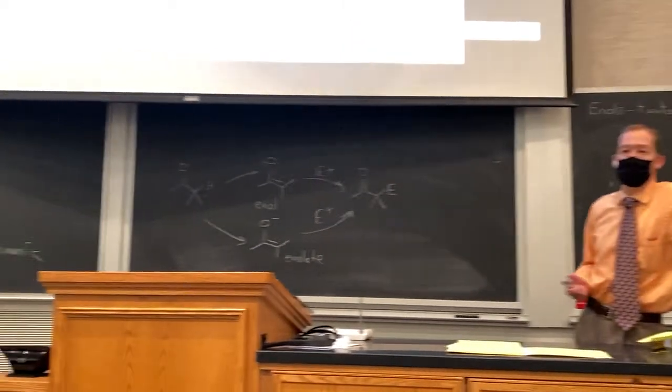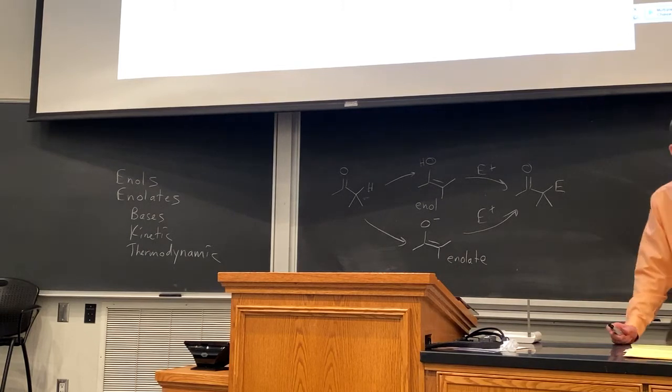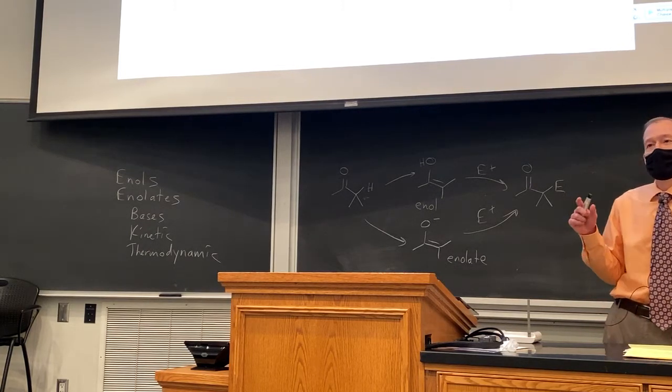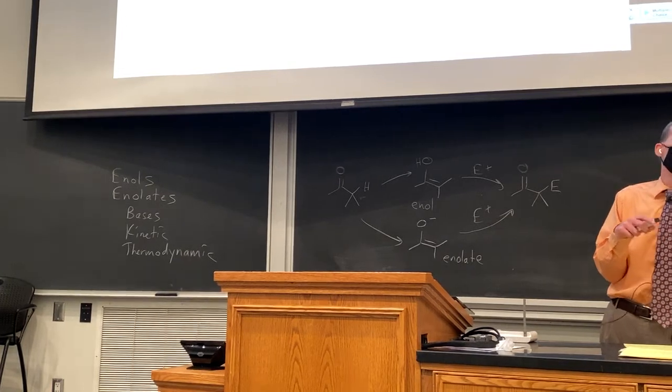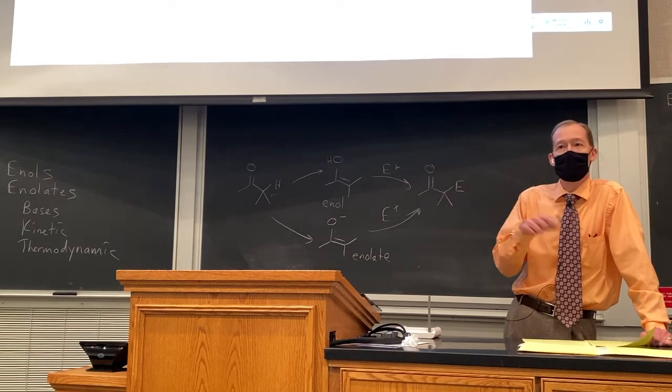So today we're going to start chapter 23, and the first two chapters of this new unit are a continuation of the last three, in that we're still talking about carbonyl compounds and reactions of carbonyl compounds. But in the previous three chapters, we focused on reactions where the carbonyl group was an electrophile.